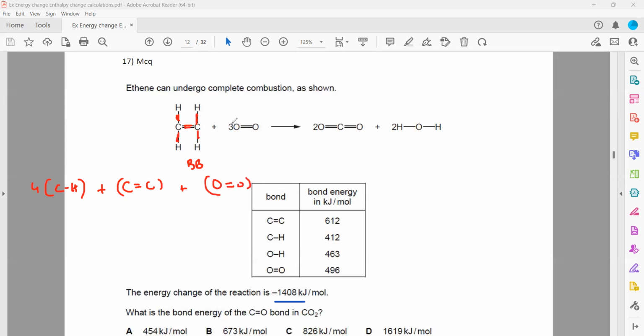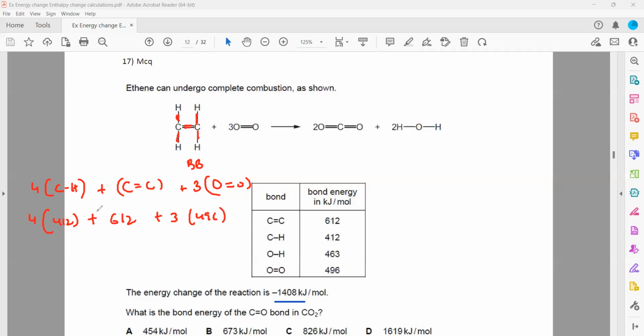How many of them? Because one molecule has one double bond, 3 molecules will have 3 double bonds. When we substitute the values, it will be 4 into CH, which is 412, plus carbon-carbon double bond 612, plus 3 times oxygen double bond 496.